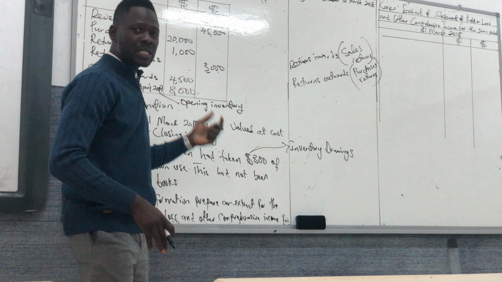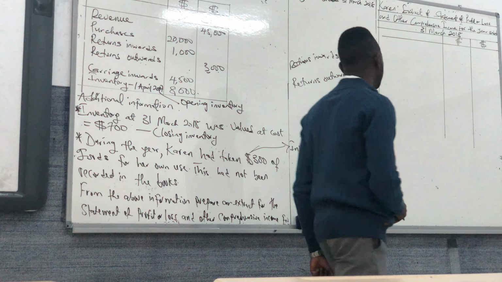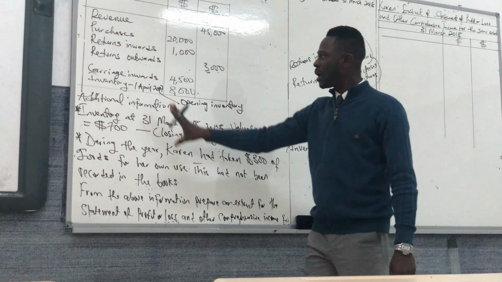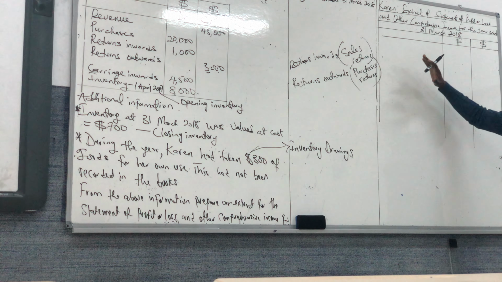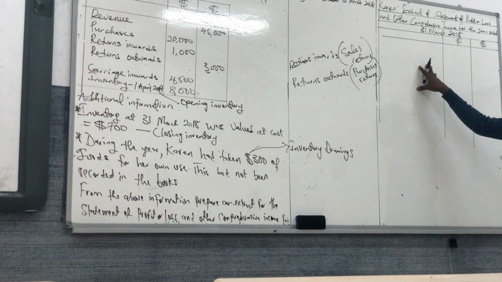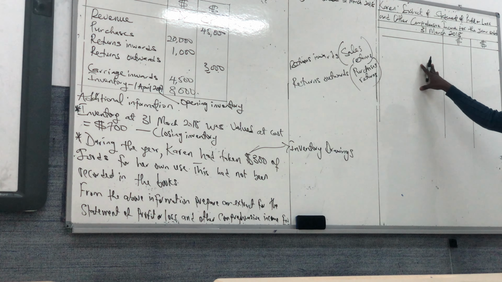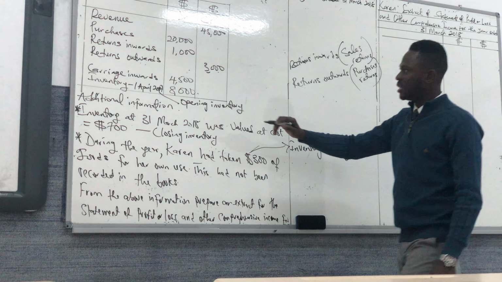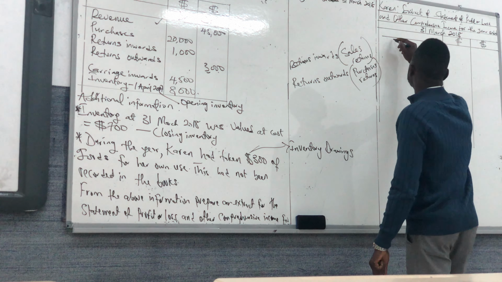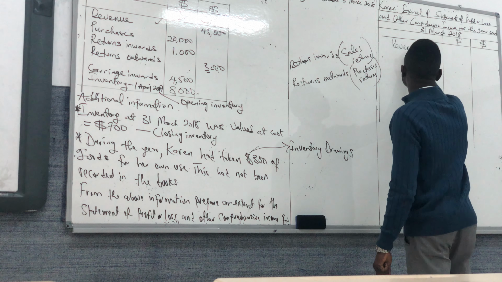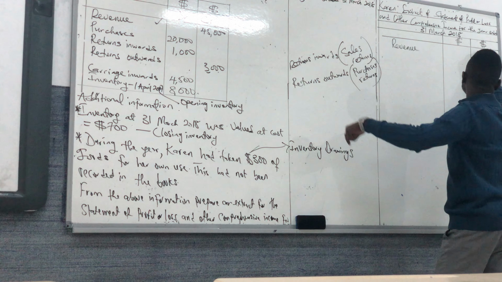So now we have to prepare these accounts. How do you prepare these accounts? Already we have these items. So we have to put these items into the extract of the statement of profit or loss and comprehensive income. So we start with revenue. Revenue is the same as sales. So you write revenue. How much is revenue? 45,000, right?